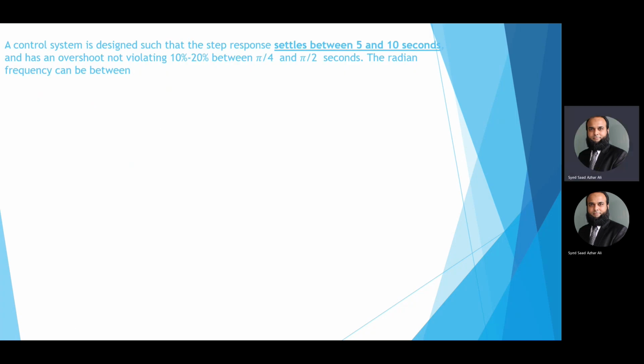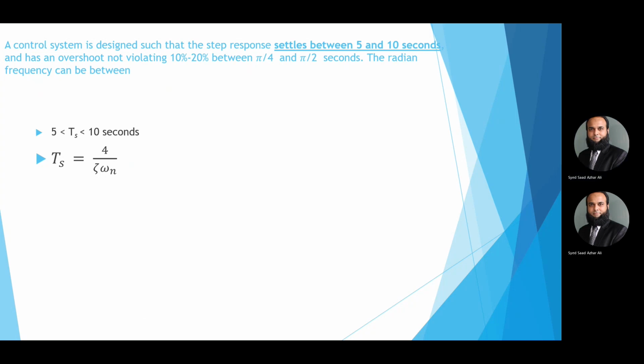So you can see in the question, settles between 5 and 10 seconds, which means that we have to use Ts as a formula. And for this one, what is the formula? The formula is 4 upon zeta omega n. So from 4 upon zeta omega n, using 5 and then using 10, we have to find zeta omega n.